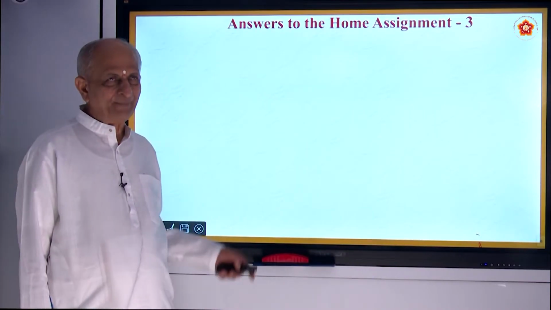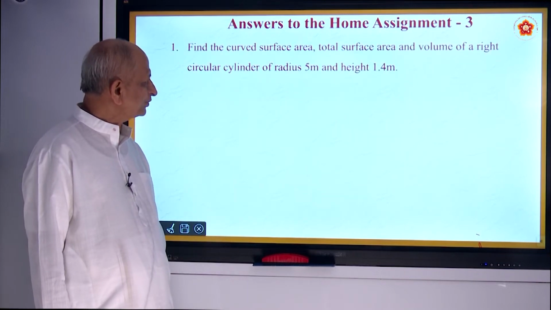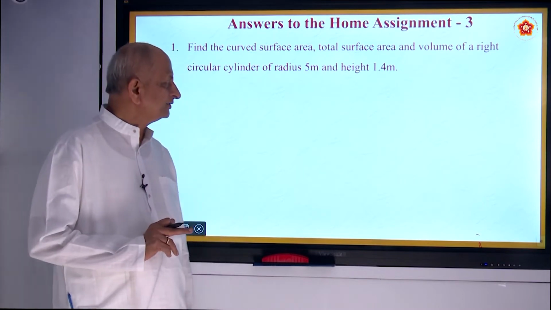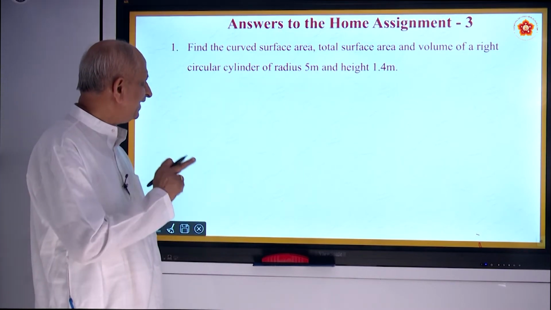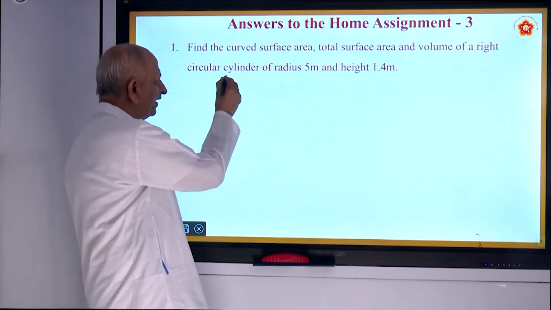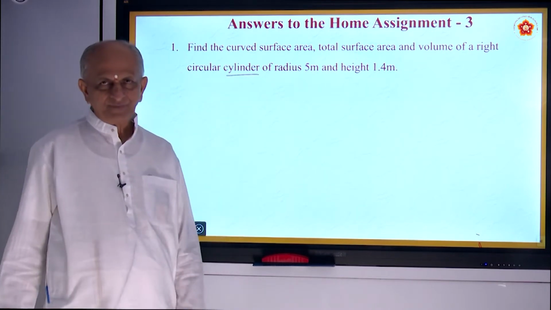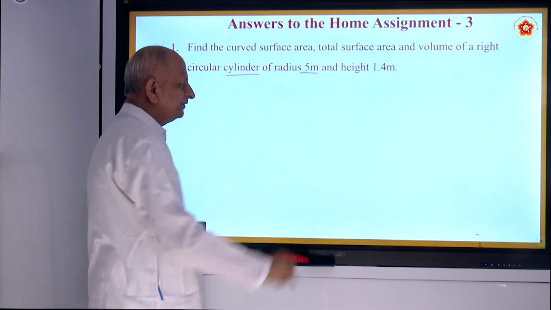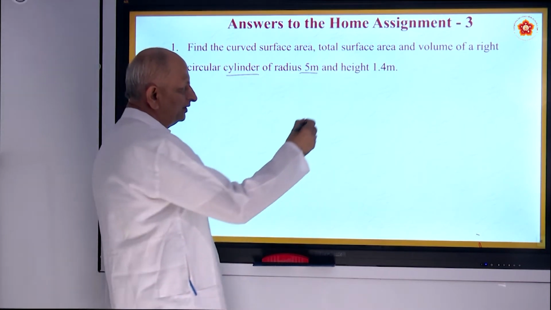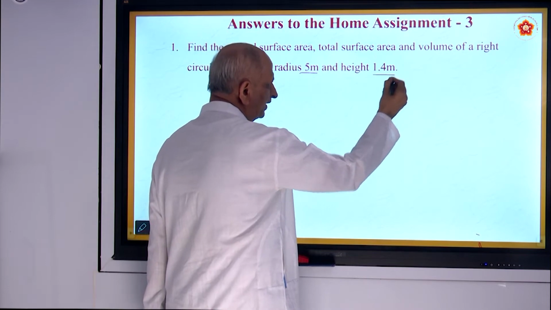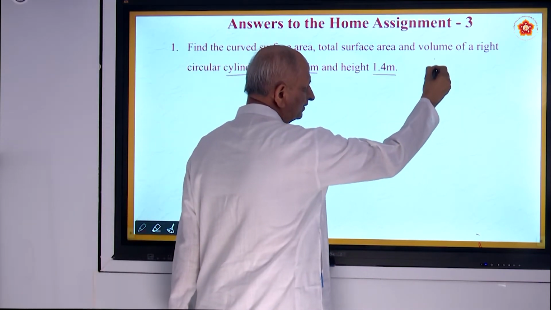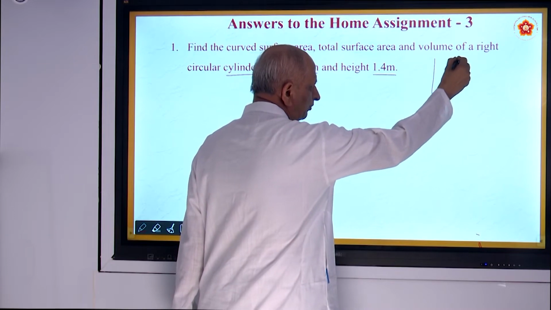Coming to home assignments, the first question: find the curved surface area, total surface area and volume of a right circular cylinder. What is the radius of the cylinder? 5 meters. Height is 1.4 meters. I think all of you have seen a cylinder, right? So draw a small figure.